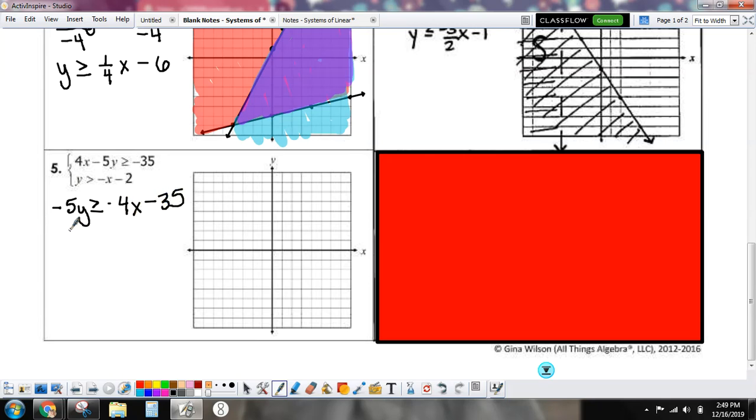And divide by -5, which means my sign flips. That's a +7. Okay, so I can graph this, and I can graph this.